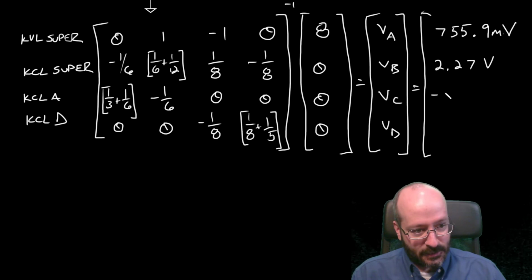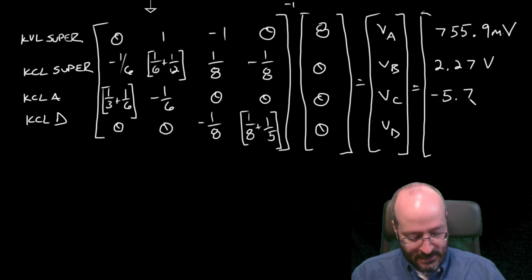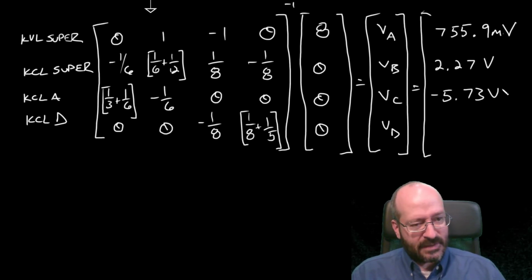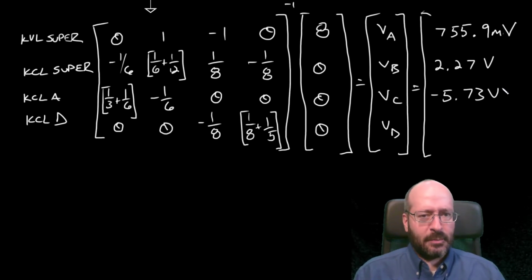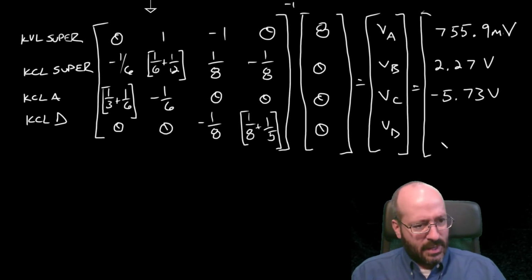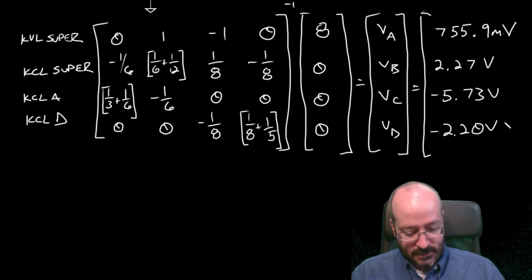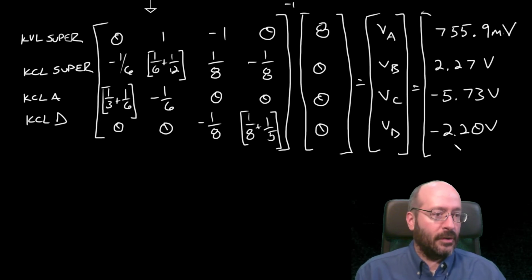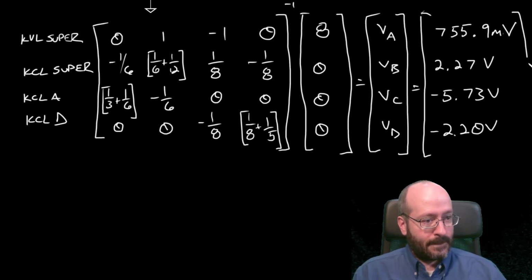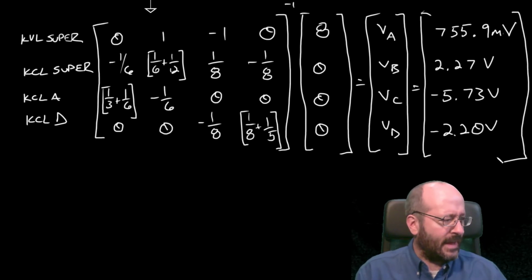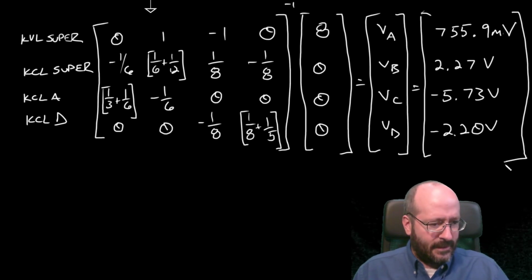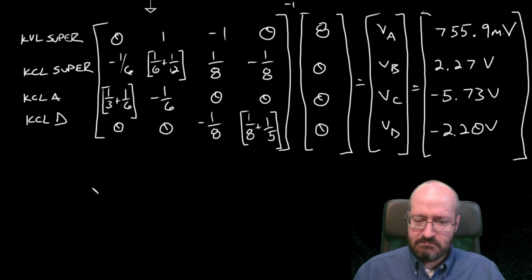Always stop and think about your units. I might have just prevented a plane from crashing there, or a submarine from blowing up, or something like that. Think about your units. 2.20 volts. Negative 2.20 volts. Those don't feel as familiar, but maybe I'm right. I'm brave.